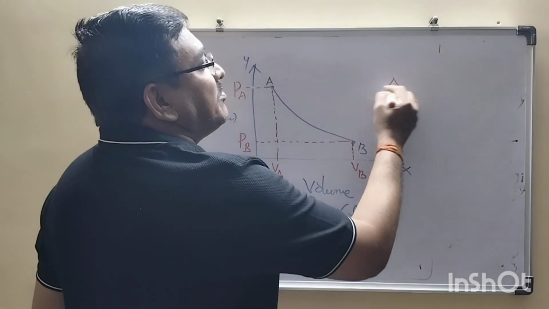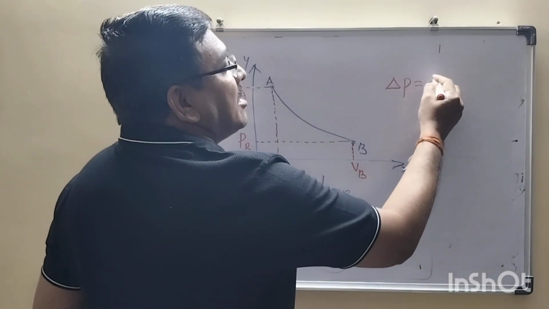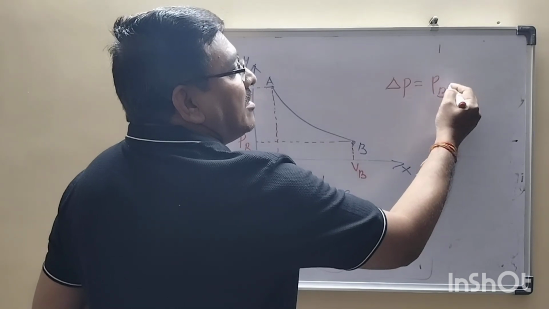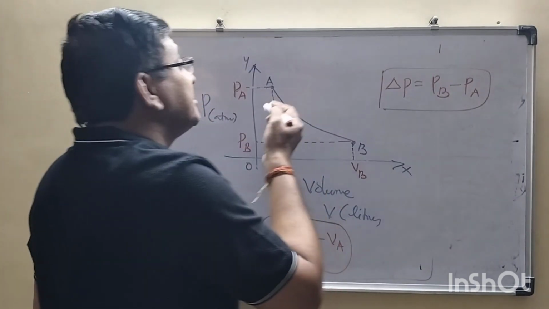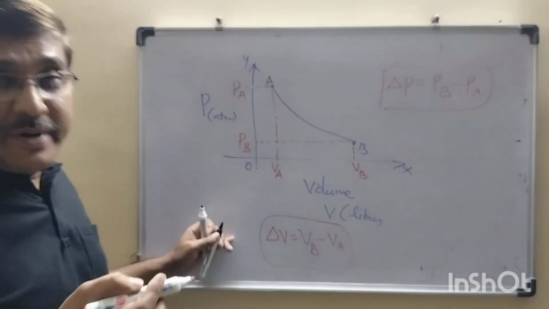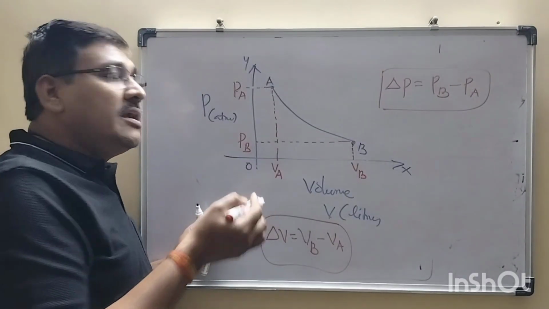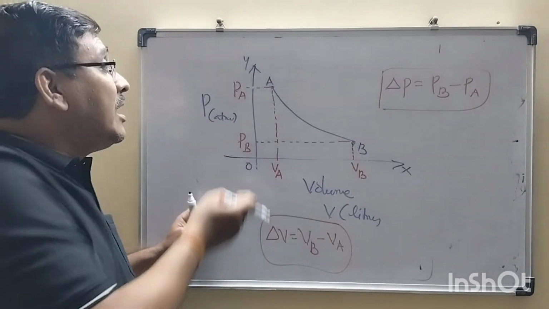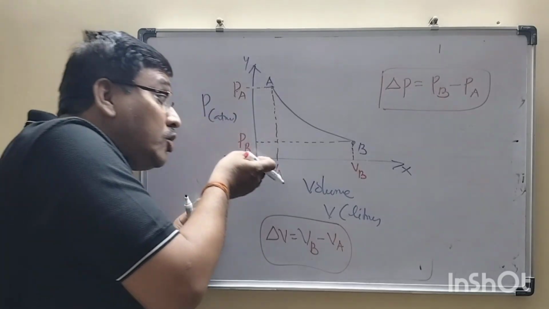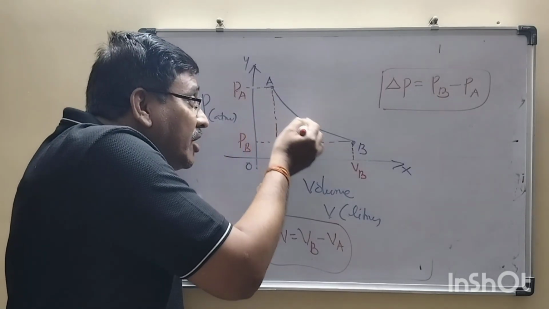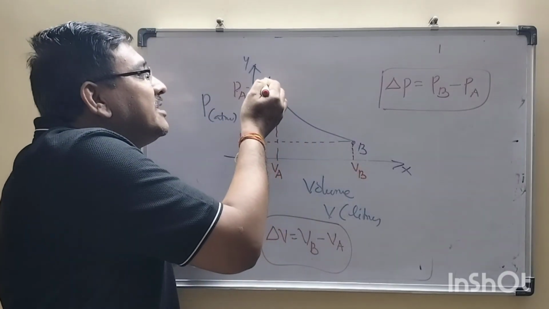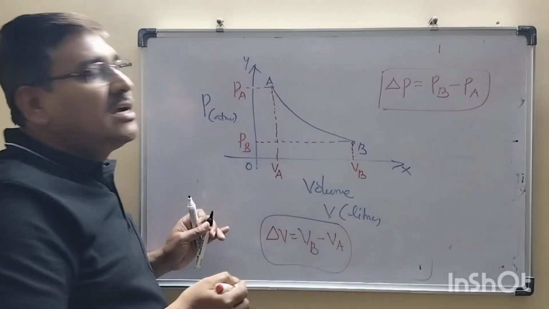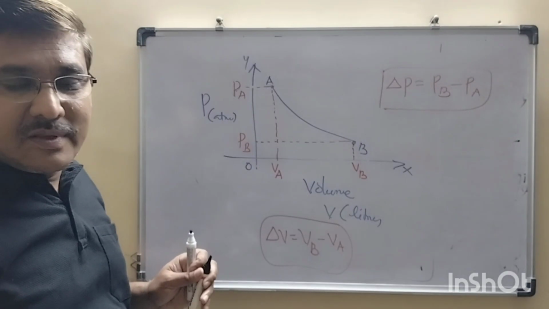The change in pressure, dP, is final pressure minus initial pressure. Pressure in this graph depends upon the initial and final conditions. As the volume is increasing from A to B, pressure is decreasing. Clear?